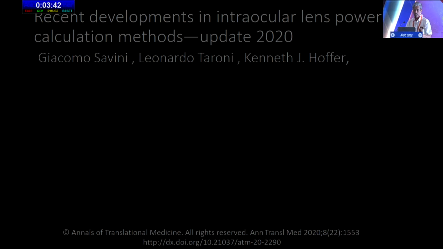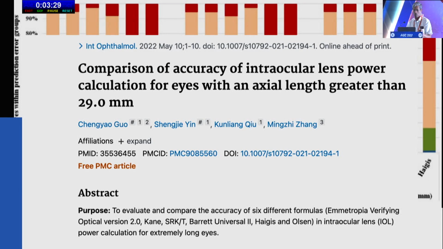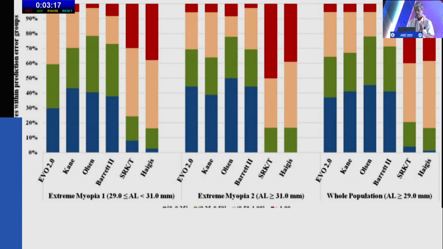In 2020, there is a nice review article by Savini et al. Please go through that. It describes all the modern formulas, how they work, and how well they are doing. What has happened in the last 2 years during the COVID time? Here is a nice review article comparing the accuracy of several formulas for eyes with extreme axial myopia, that is, more than 29 millimeters and more than 31 millimeters.